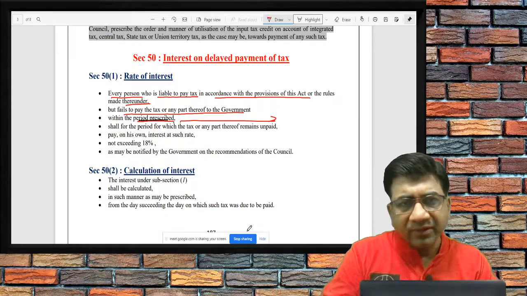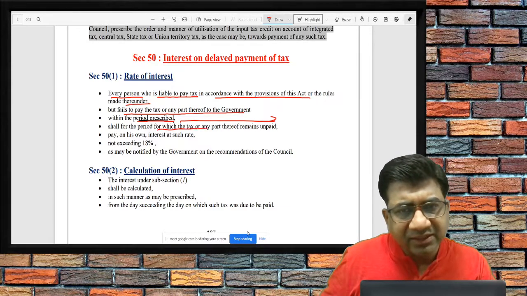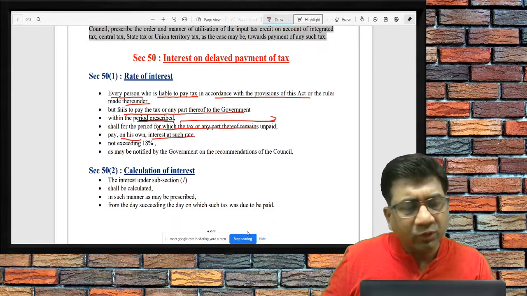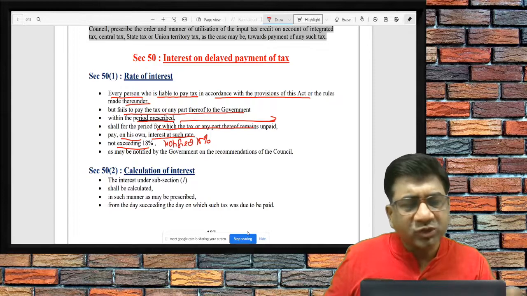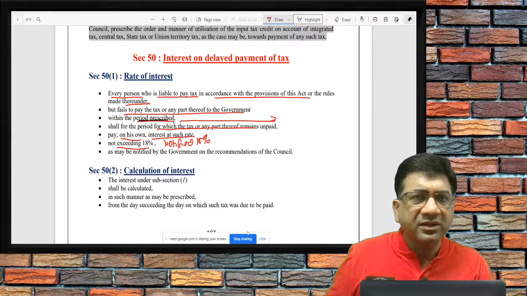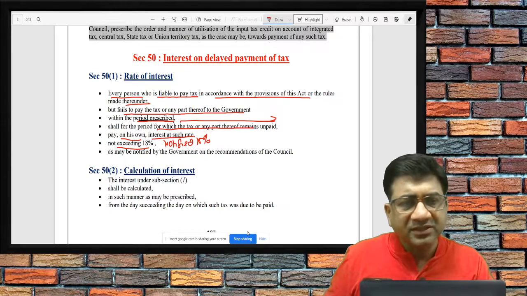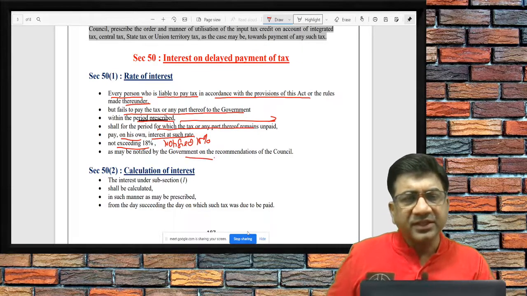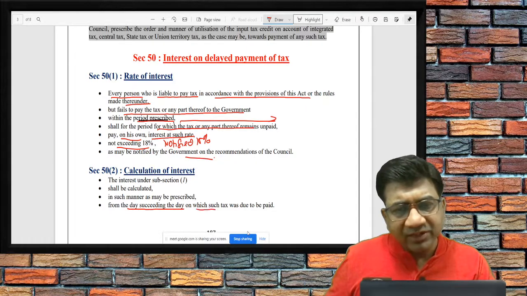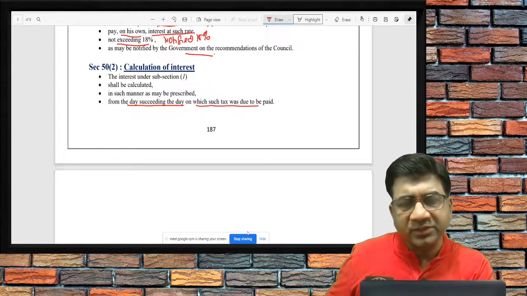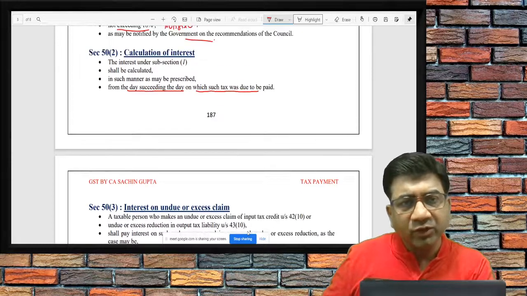In fact, shall for the period for which the tax remains unpaid pay on his own interest at such rate, you don't wait for the government notice, not exceeding, government has notified 18%. In income tax it is 12%, 1% per month. If you remember, advance tax, self-assessment tax, it is 12%. So it is 18%, and calculation shall be done from the day succeeding the day on which taxes need to be paid, for the 20th of next month, from the 21st and till the date of payment.